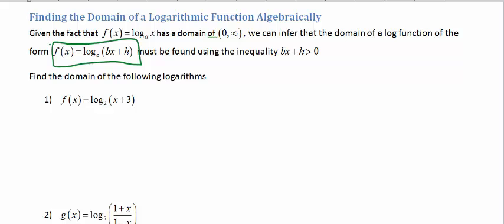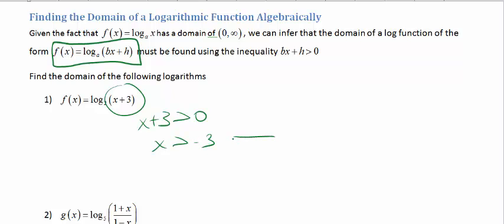In order to find where our domain is, we are going to set the parentheses greater than 0, kind of like we did with the trig functions. So for this one, here's our parentheses. We're going to do x plus 3 is greater than 0. Subtract 3 from both sides.